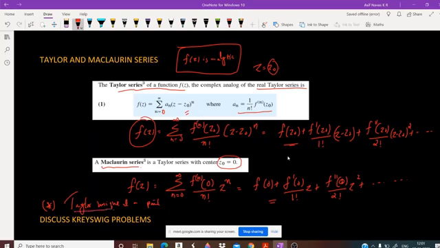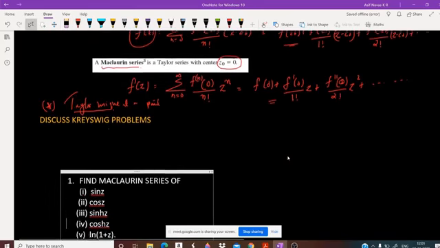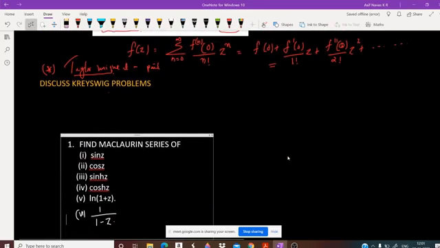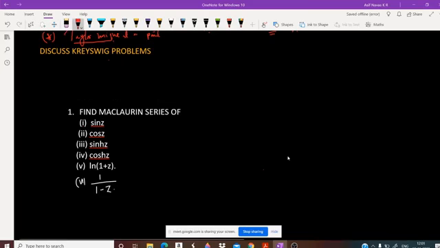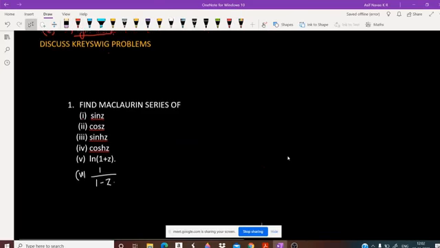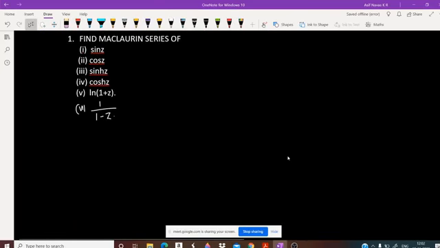So what we will do is we will find Maclaurin series of basic functions, and we will use that to find the Taylor series and other Maclaurin series, because if you find a series expansion of a function at a point, then that must be the Taylor series because of the uniqueness of Taylor series. So first we will find the Maclaurin series of sine z.